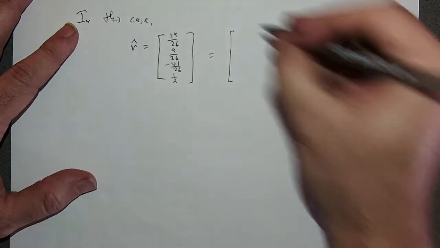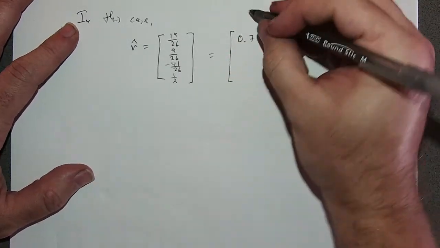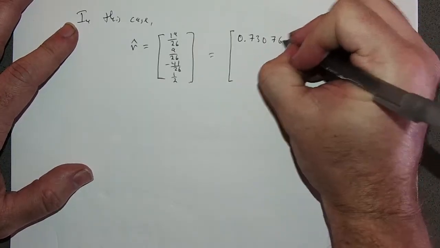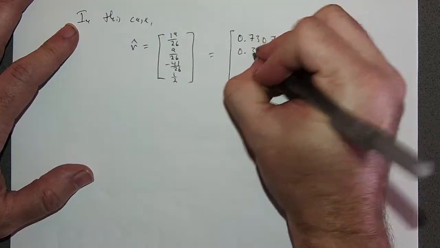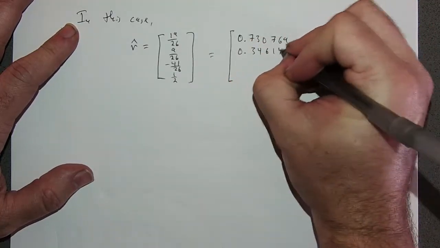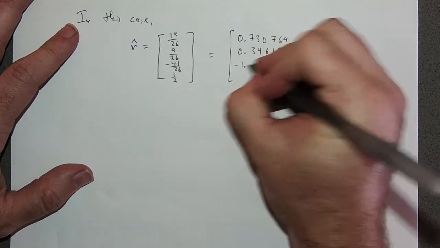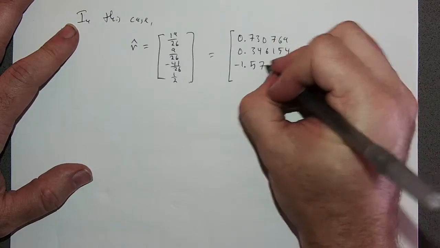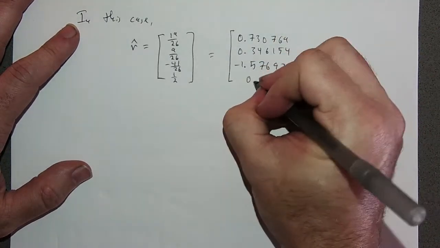Written as decimals, this would be 0.730769, 0.346154, minus 1.57692, and lastly 0.5.